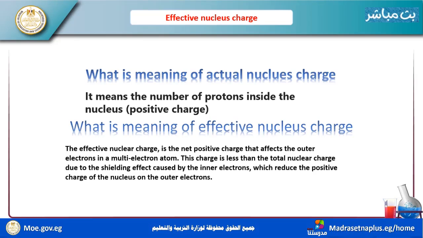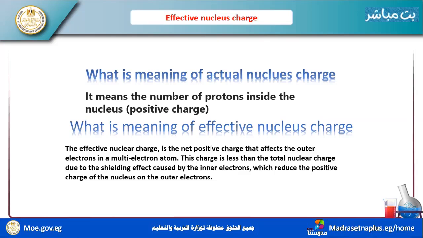The effective nuclear charge is the net positive charge that affects only the outer electrons in a multi-electron atom. This charge is less than the total nuclear charge. You must know they are not equal.